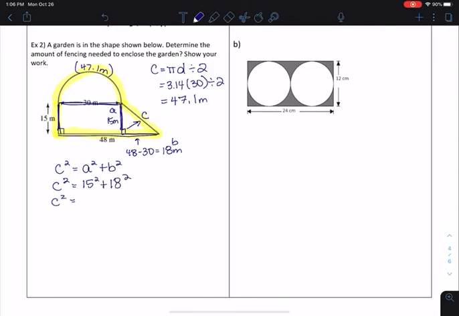We square 15, which is 225, and we square 18, which is 324. Then we add those together: 225 plus 324 gives me 549.